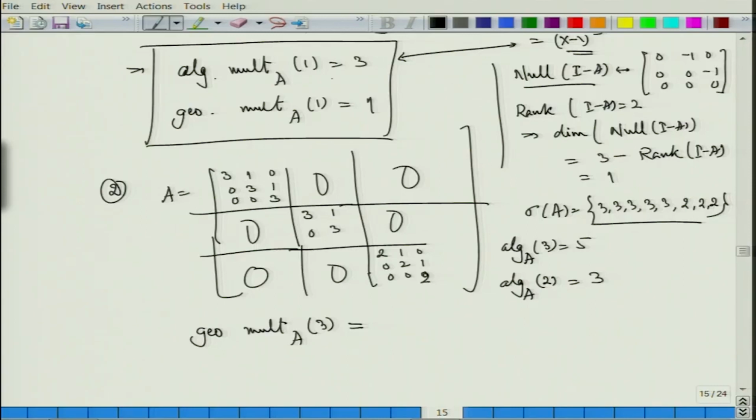So, look at the previous example. If you use the previous example, if I look at this whole part A, I want to look at the rank of that part. So, I want to compute the rank of 3I minus A. If I look at that part, this will become 0, this will become 0, this will become 0.